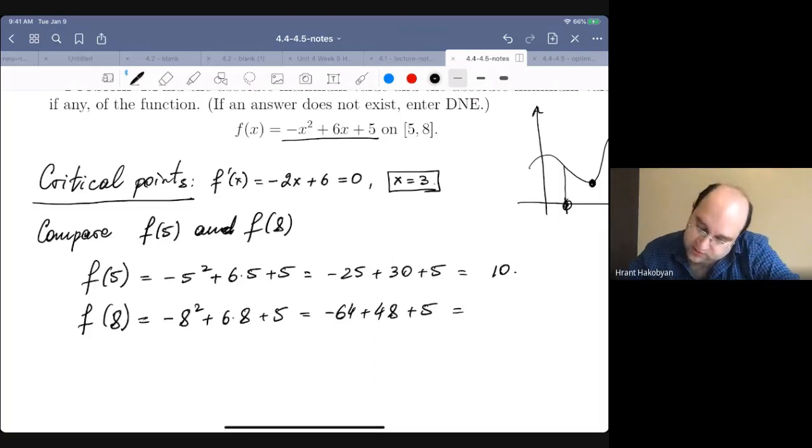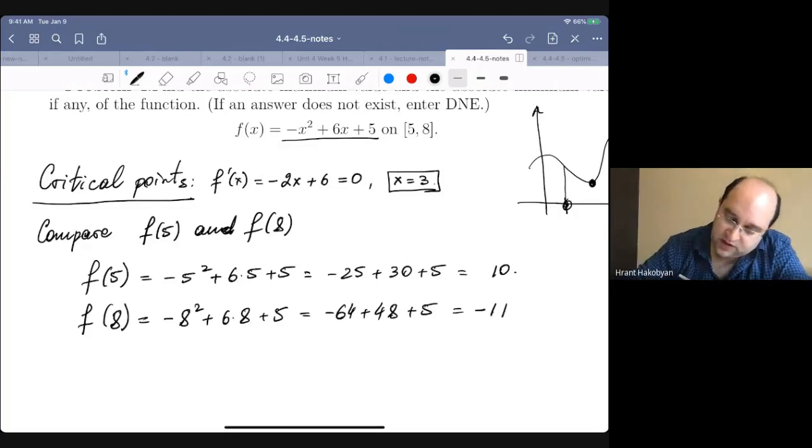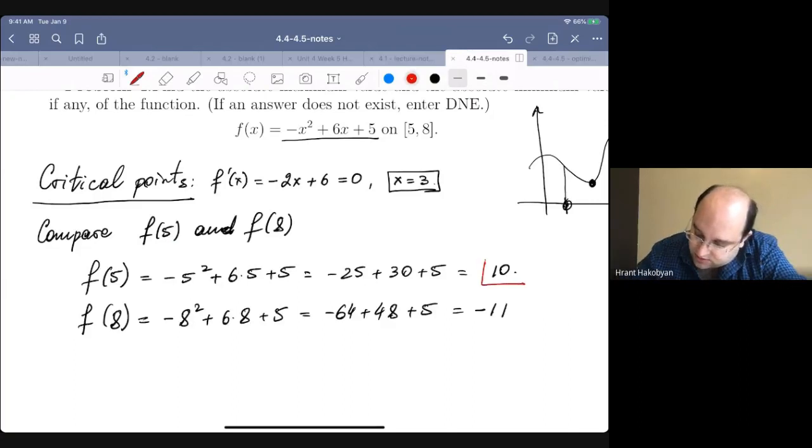If I do negative 64 plus 5, that's negative 59. So plus 48, that's negative 11, right? So those are the numbers. I think I didn't do any mistakes, but you should check.